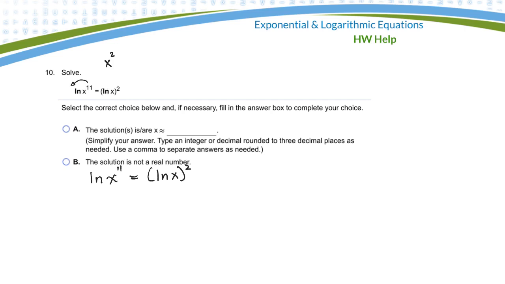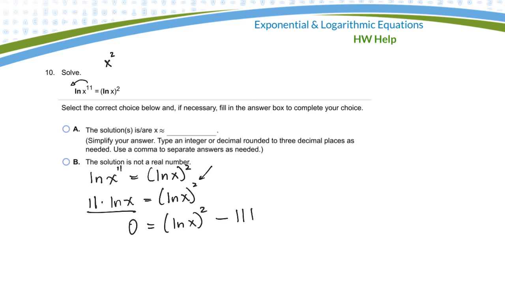So if I bring the 11 out front, 11 times the ln of x is equal to the ln of x squared. Let's bring this over to the other side, so I'll subtract on each side. Because I had a quadratic, I want to get everything to one side, make it equal to 0. So I have ln of x squared minus 11 ln of x.